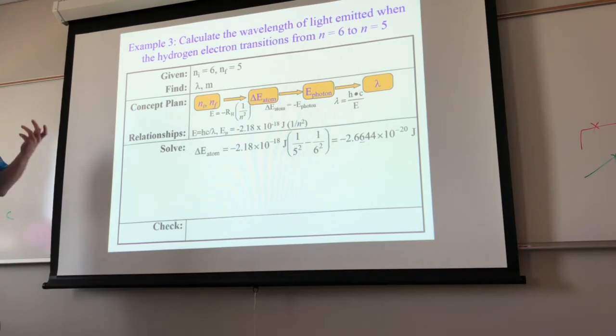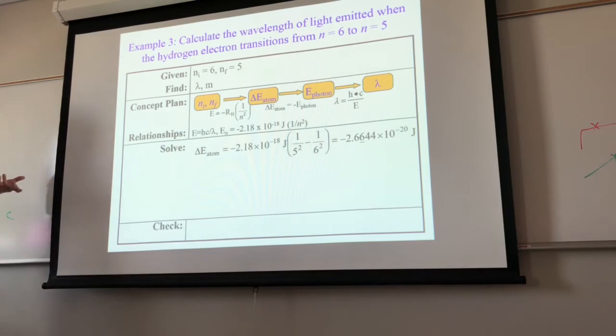Now that's the change in the energy in the atom. That's the energy that you're going to observe, and you'll notice that it's written out as a release of energy. Now, when you're going to solve for the wavelength of a particular light, you want to take the negative of that number.